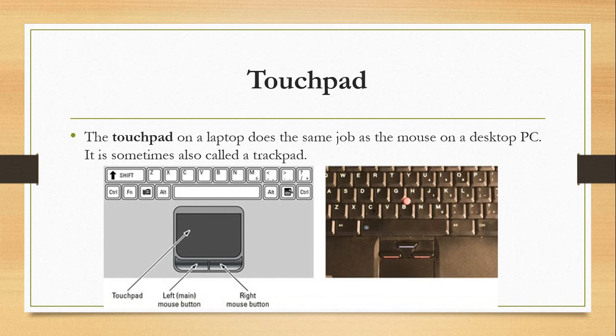The touchpad is just like the mouse, but on the laptop we call it touchpad. It does the same job as the computer mouse connected to a desktop. It is sometimes also called the trackpad.